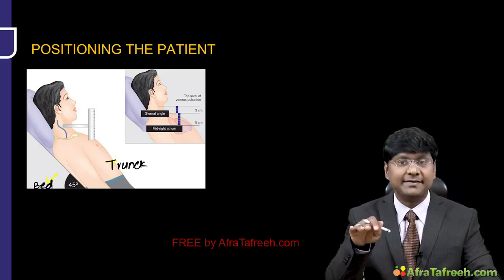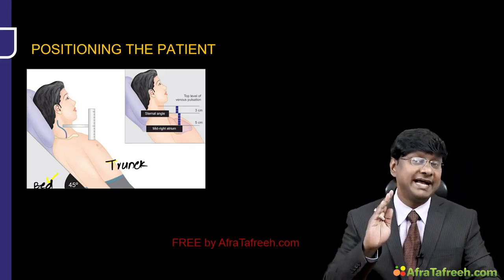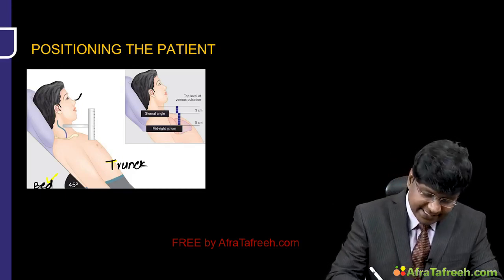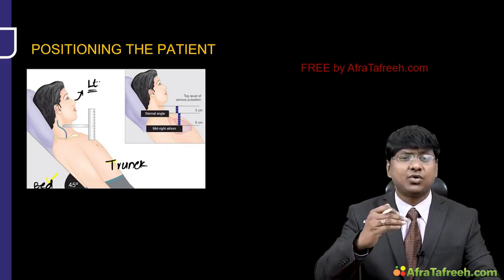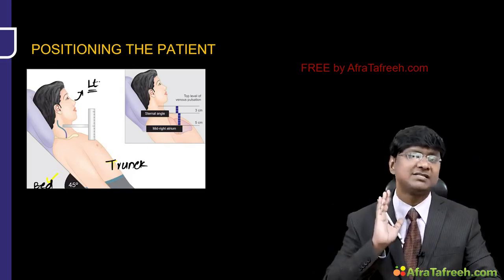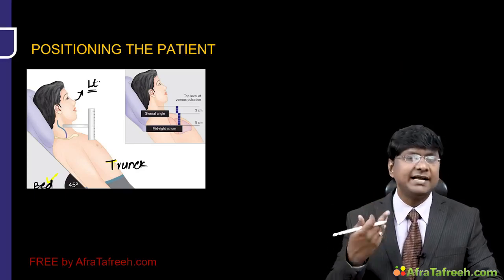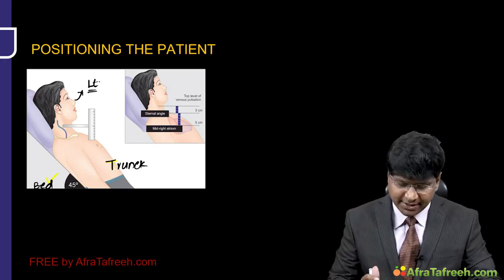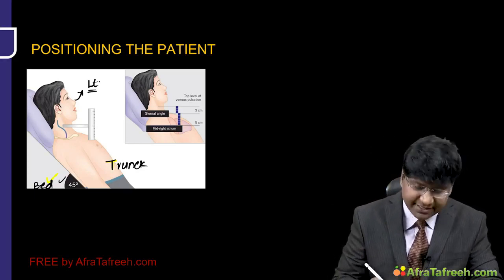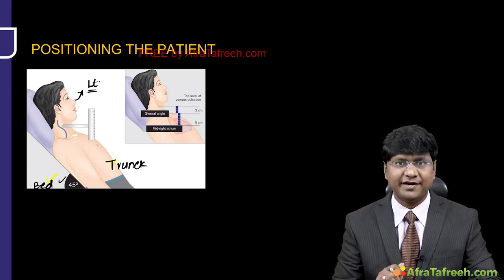And how should the head be? The head should be slightly rotated towards the left, so that the muscles are relaxed and you can clearly visualize the jugular venous pulsations.